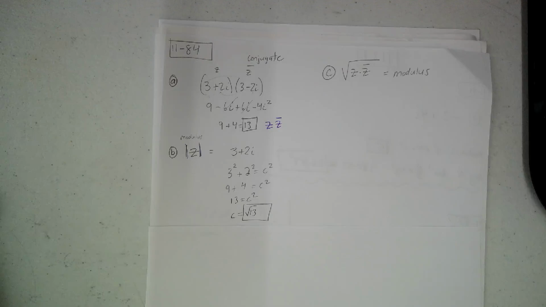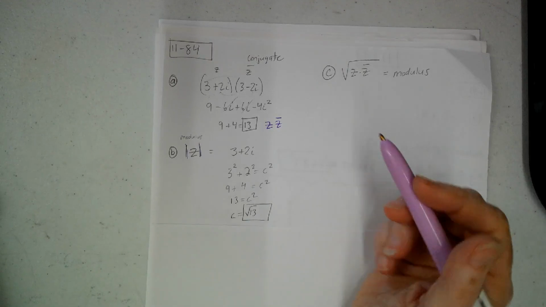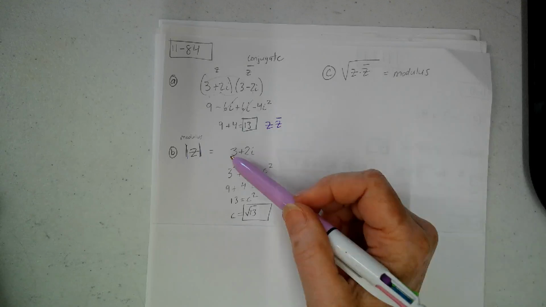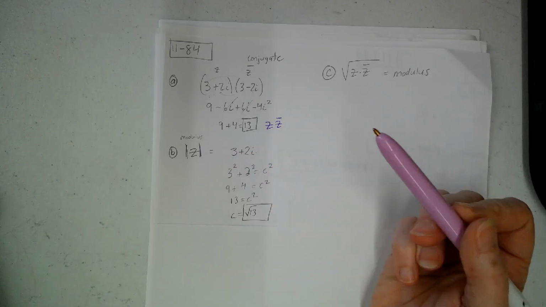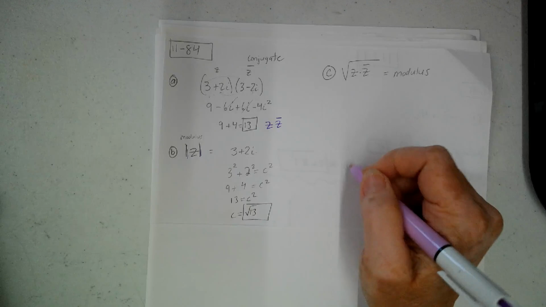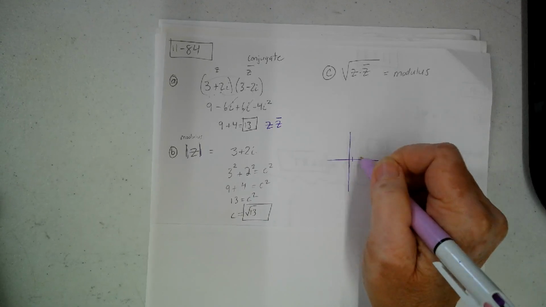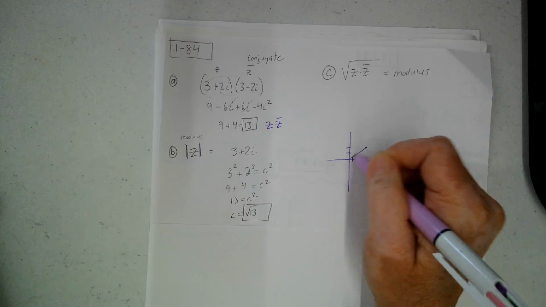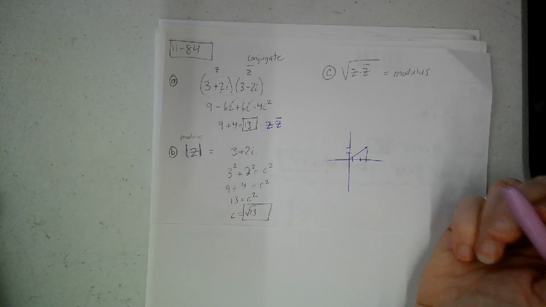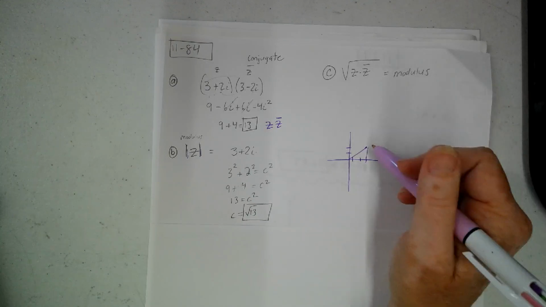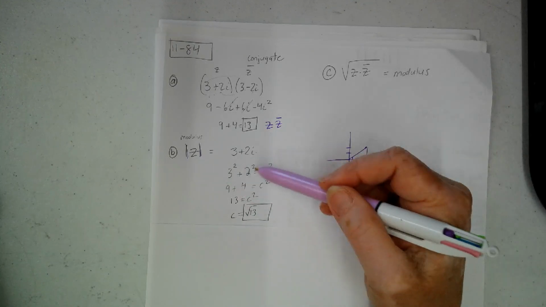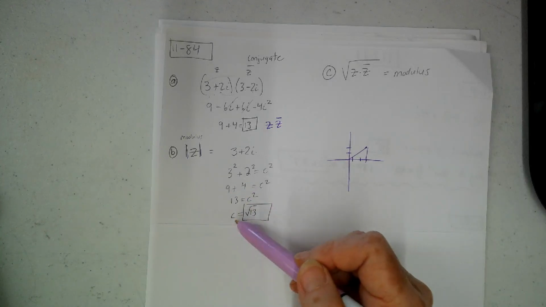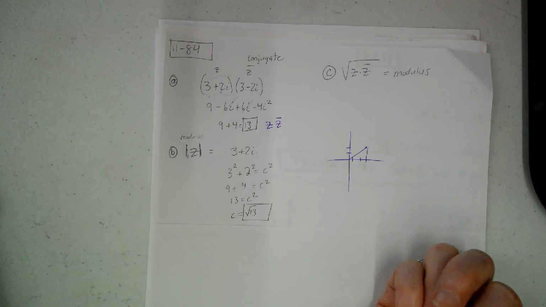If this is 3 plus 2i, they just want that length right there. You could use the distance formula, however you want. So I did 3 squared plus 2 squared is c squared, that's 9 plus 4, and c was the square root of 13.